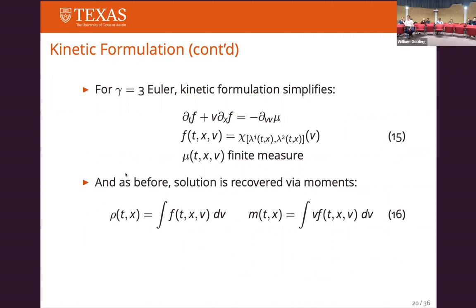In the scalar case, you get 1 derivative in V, and everything works golden. But with 2 derivatives, what happens is you have some non-local effects in velocity.